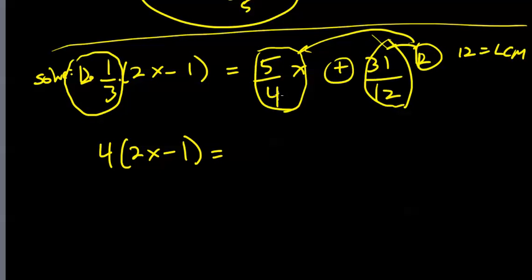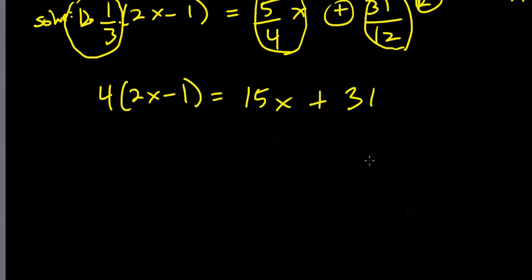Well, let me cross cancel first. The whole idea is to get this denominator to cancel out with something in your LCM. 4 goes into 12 3 times, so 3 times 5x is 15x. Beautiful. No fraction anymore. Well, 31 twelfths times 12, of course the 12s cross cancel, and I get 15x plus 31 on the right.